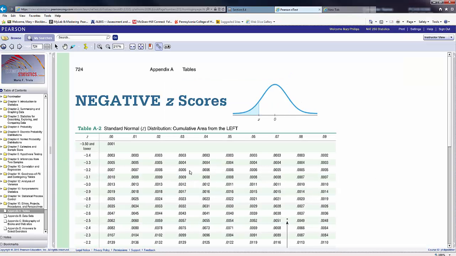So here I am in my z-score chart, and I'm looking for an area of 0.025. So there's too many zeros. Gonna go down a little bit.